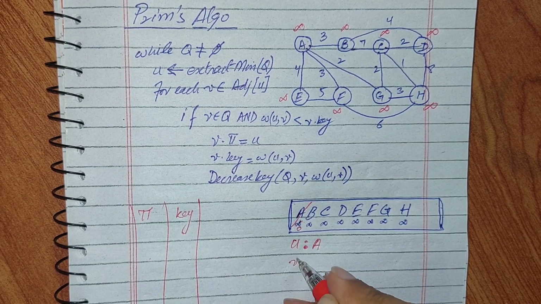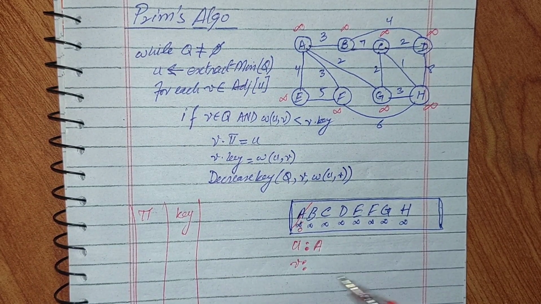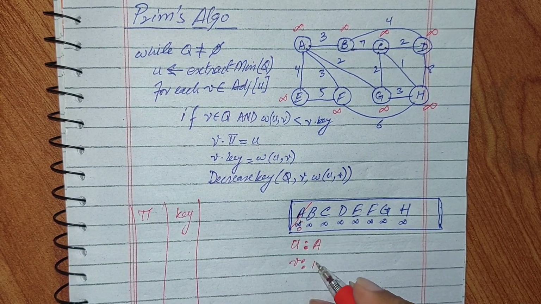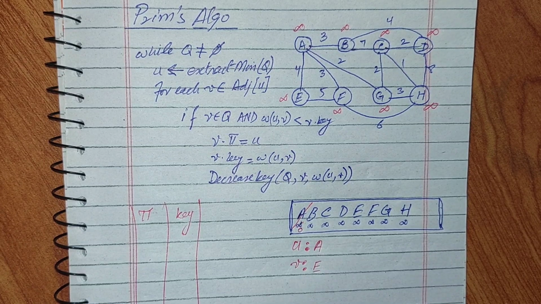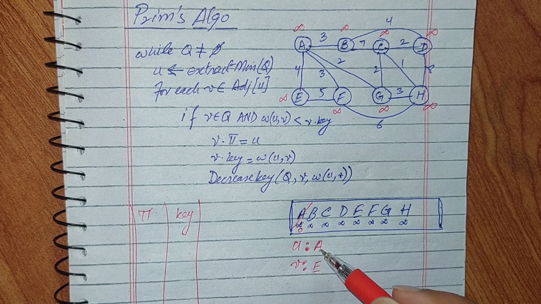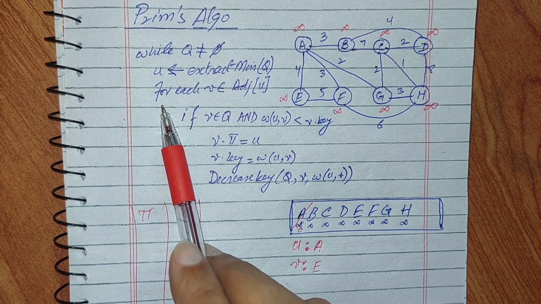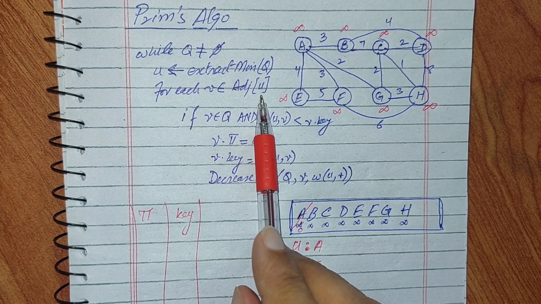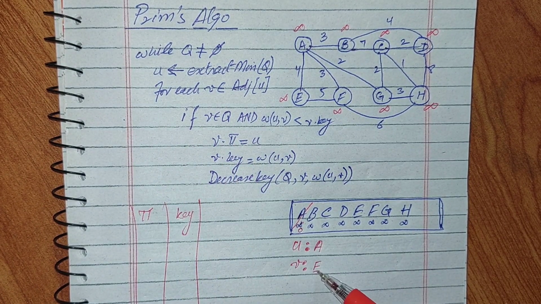Let's say we pick e first. Adjacent of u, that is a, is e. What next we need to do, for each v belongs to adjacent of u, we have picked the first adjacent.